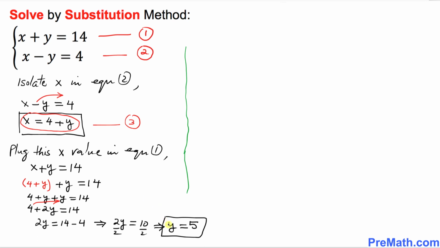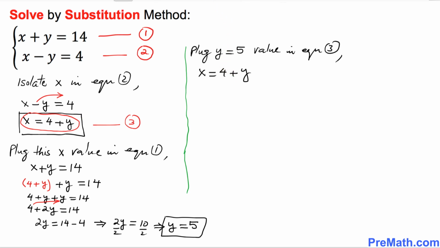Now we're going to plug this y equal to 5 value into equation number 3 to get our x value. So I'm going to say plug y equal to 5 into equation 3. Our equation number 3 is simply x equal to 4 plus y, as you can see over here.